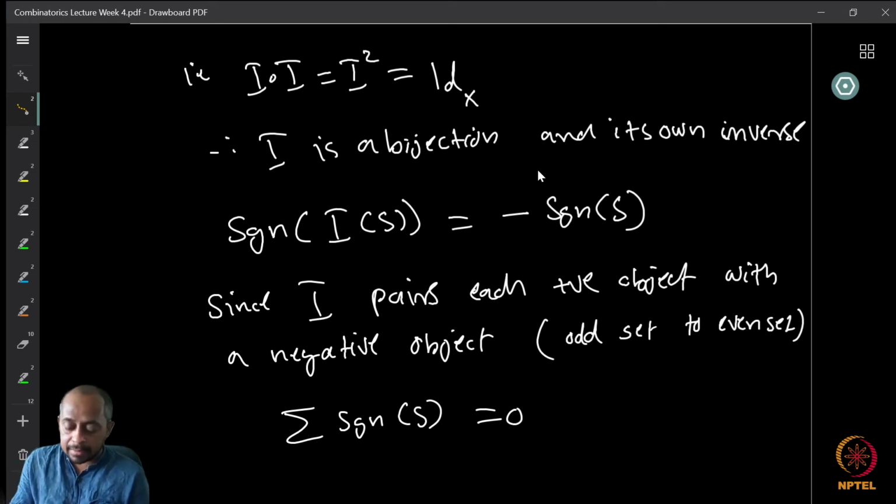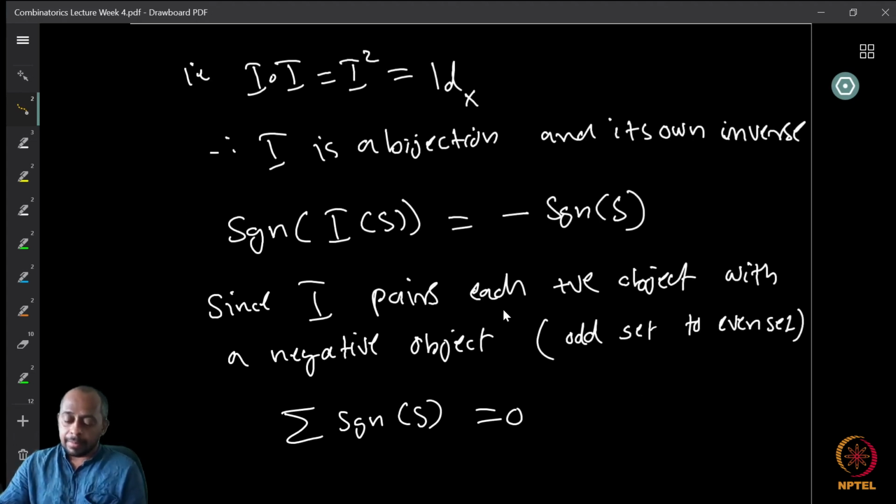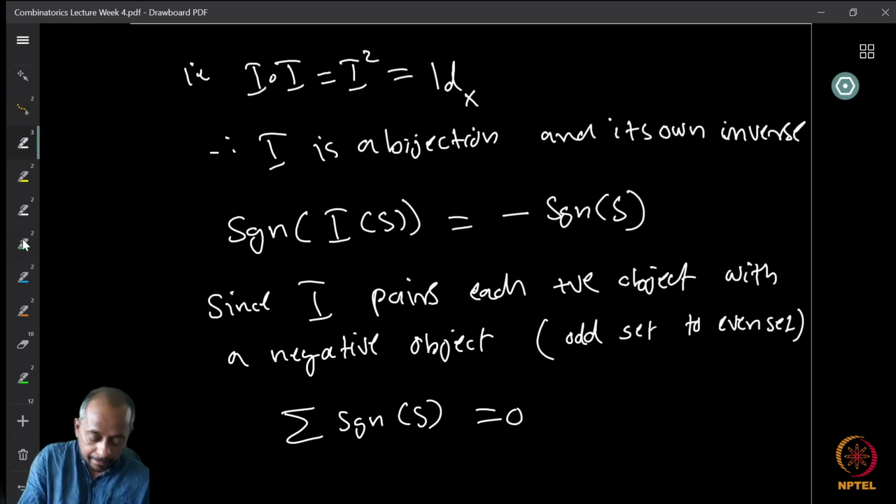I pairs each positive object with a negative object: if S has positive sign, I of S has negative sign, because the parity of the cardinality changes. Therefore, the summation of sign of S over all S in X is equal to 0.